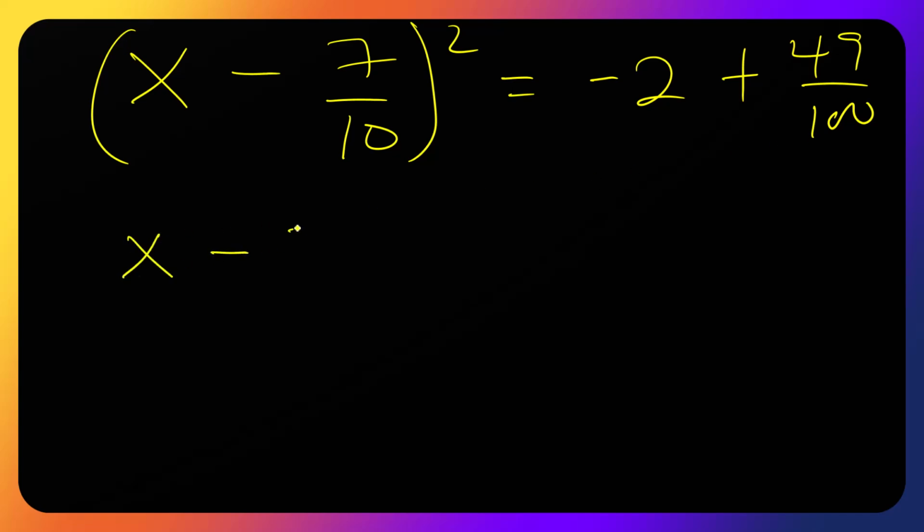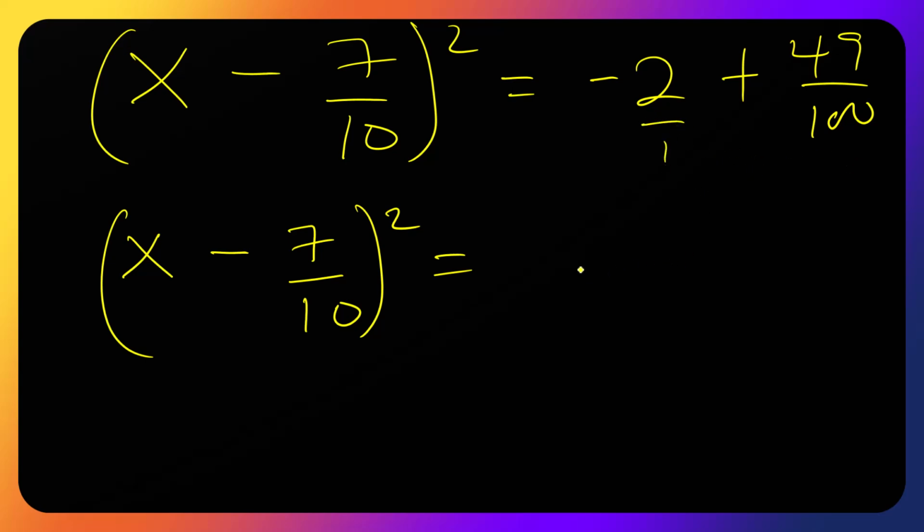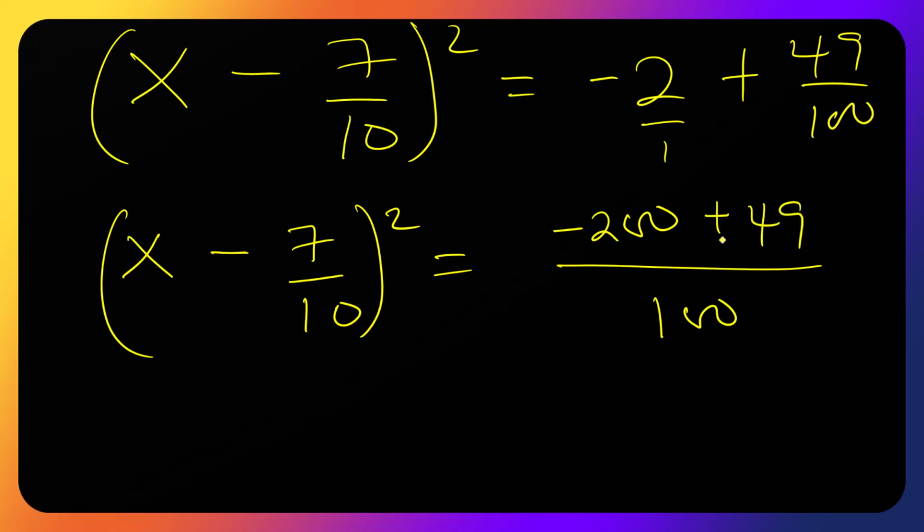So (x - 7/10)² equals 49/100 - 2. We have 100 here, 1 to 100 is 100, so 100 times 2 is 200, and this side will be 49.